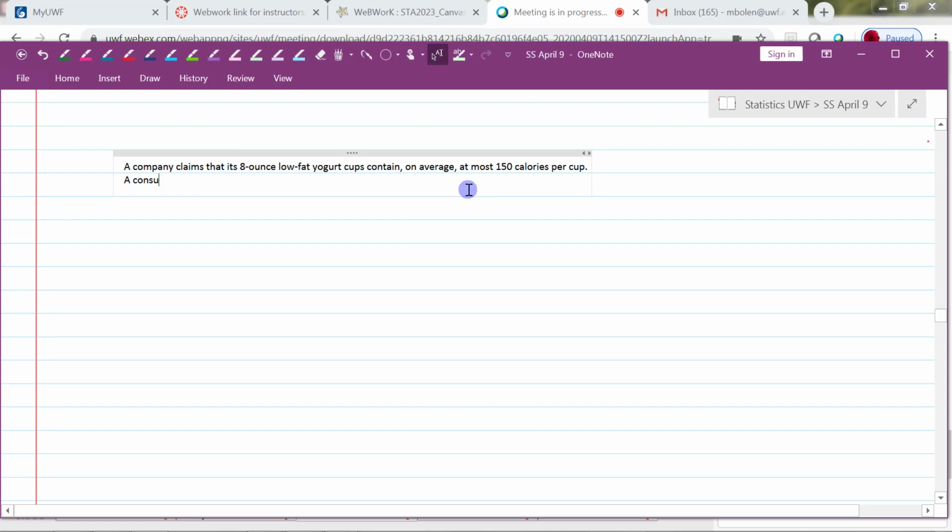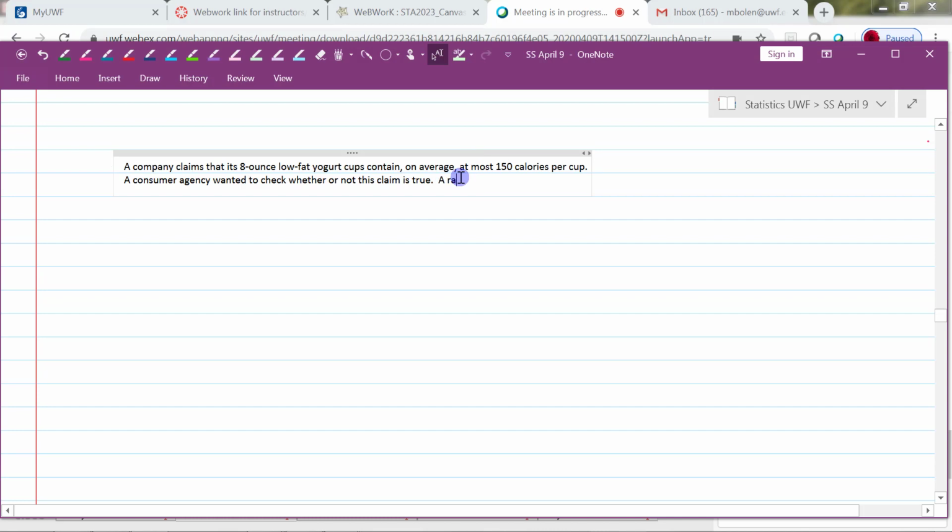A consumer agency wanted to check whether or not this claim is true. Thank you, Zachary. Oh, that's a claim. Let's see here. Claim is true.